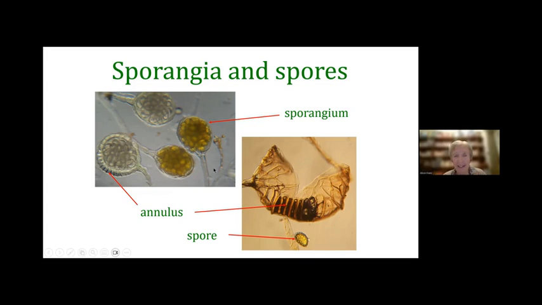Ferns have been doing this for millions of years. It's a very clever mechanism, I think. And here's a spore. Often spores have quite interesting surface ornamentation that can be important.